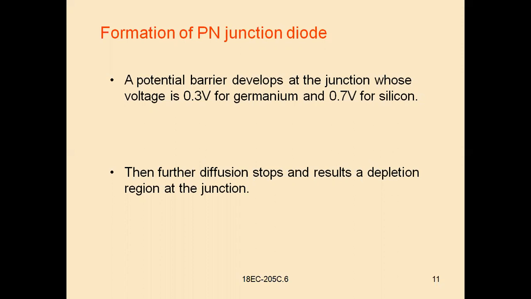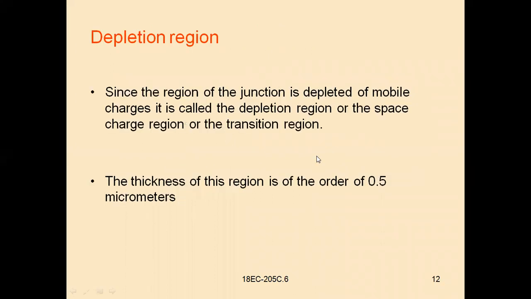Due to the potential barrier, we will have a depletion region at the junction, and meanwhile the diffusion process is going to stop. That is blocked. Otherwise, we can have the diffusion process where we observe the flow of electrons from one side to another side.